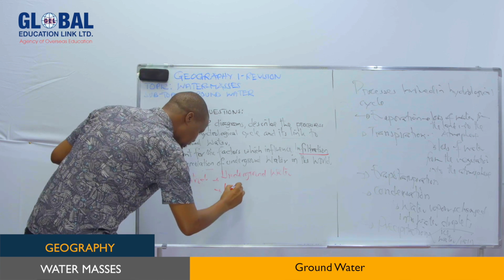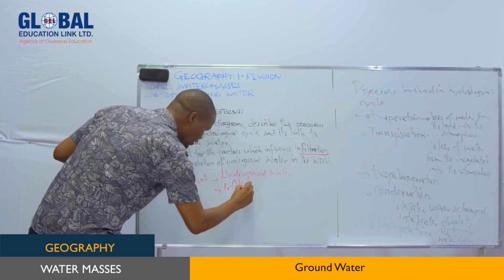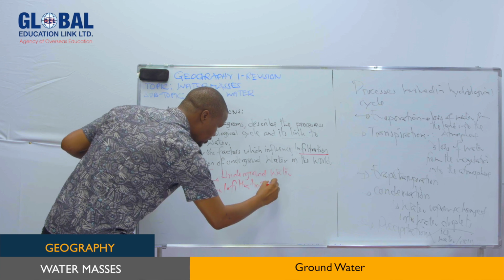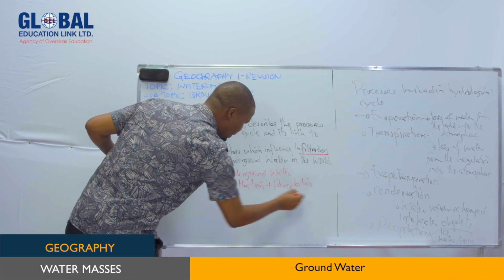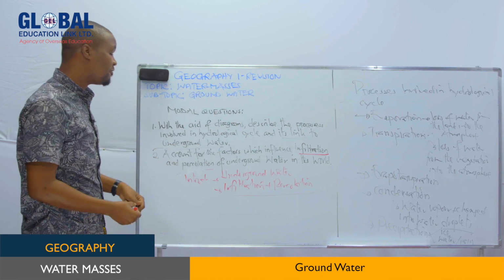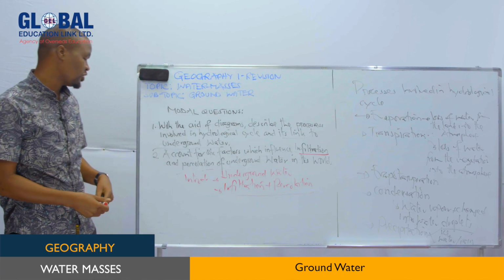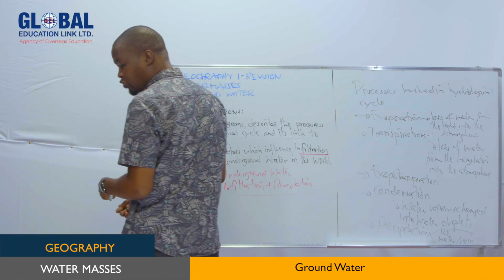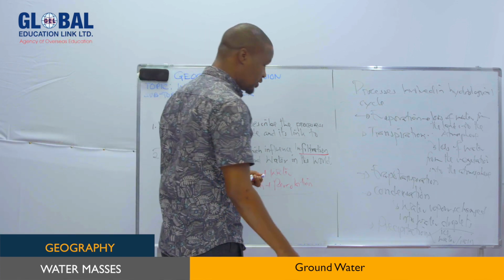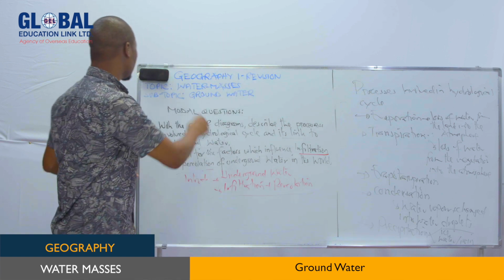So you have to tell them what infiltration is, as well as what percolation is. Thereafter, you have to explain factors which influence the rate of infiltration and percolation. As a result, at the end, you get a high amount of underground water within the rock particles.